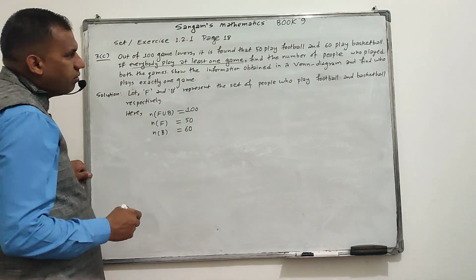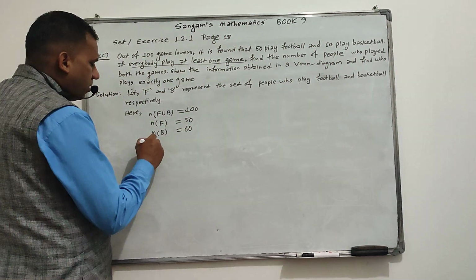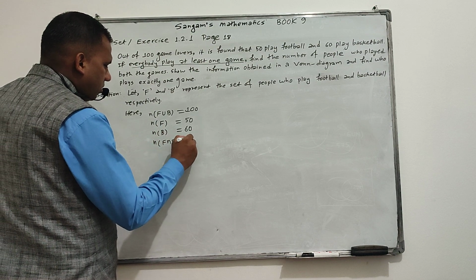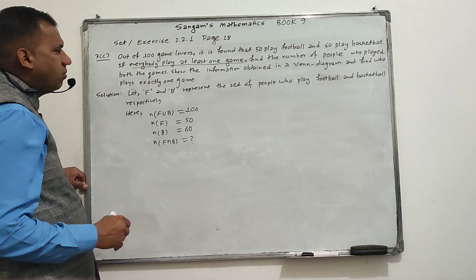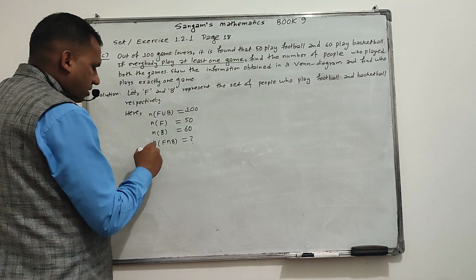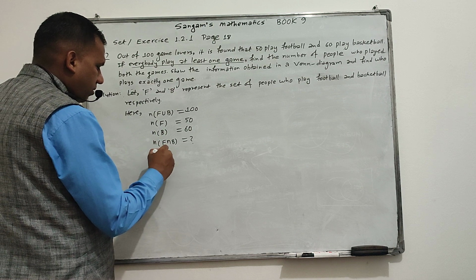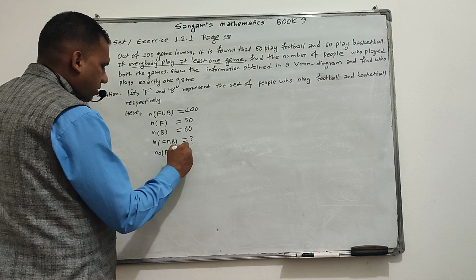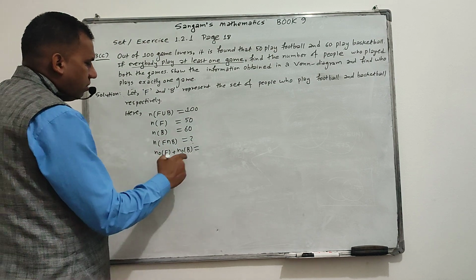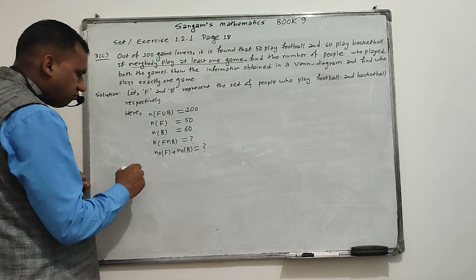You have to find number of people who play both. That means number of F intersection B equals question mark. And second part, find who plays exactly one game, that is n0(F) plus n0(B), equals question mark.